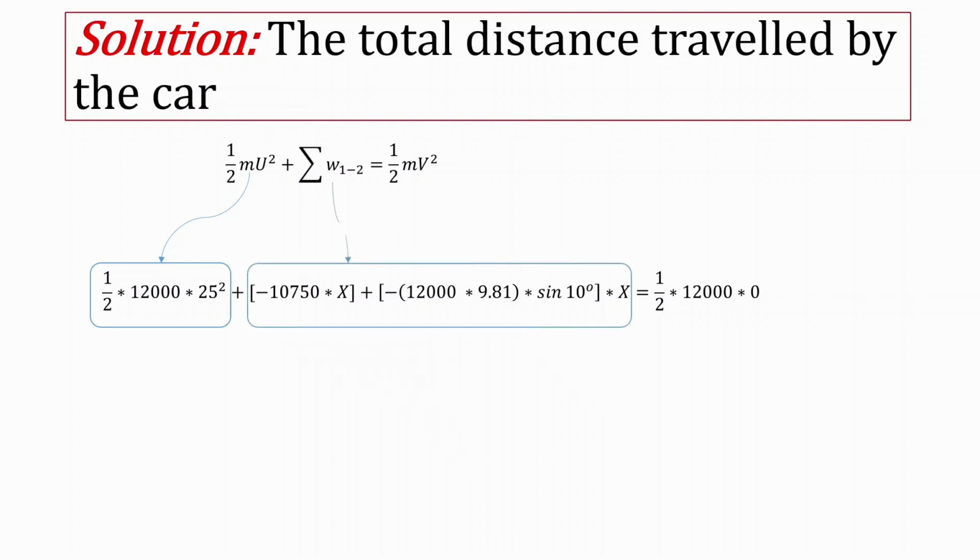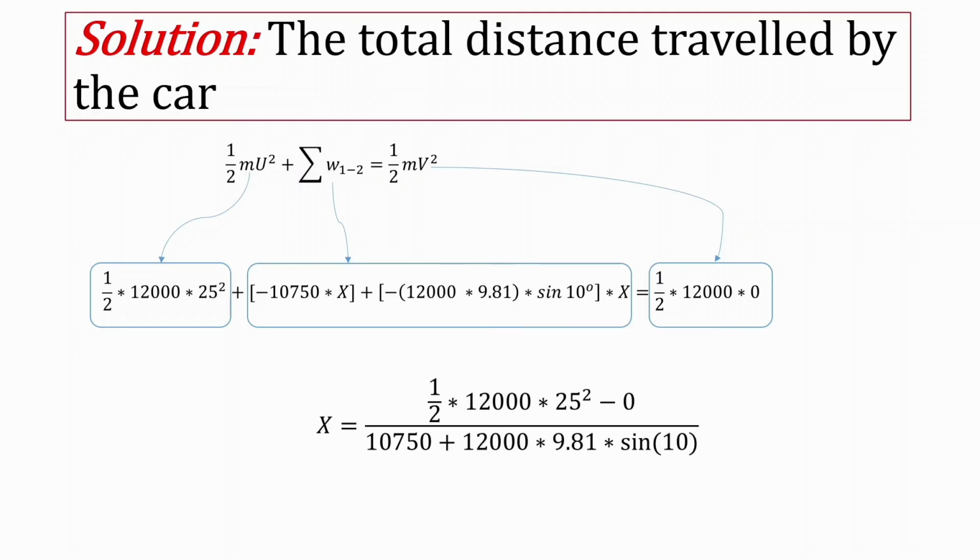We have our total work done to be the summation of all the forces acting on the vehicle multiplied by the distance, capital letter X, and the final component, which is the final kinetic energy, equal to half times mass times final velocity squared. Let's not forget that our final velocity is 0 as at the time the vehicle had come to rest. So if we work through this equation, we can easily and quickly calculate our distance to be 120.2 meters.